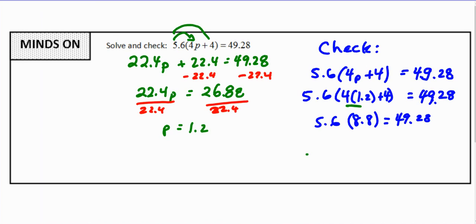Okay, so that gives us a good multiply that out, and we get 49.28, which is equal to the right side, 49.28. So our left side equals our right side, which means we are correct.